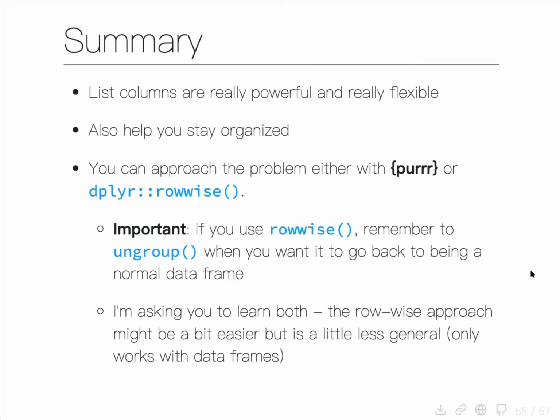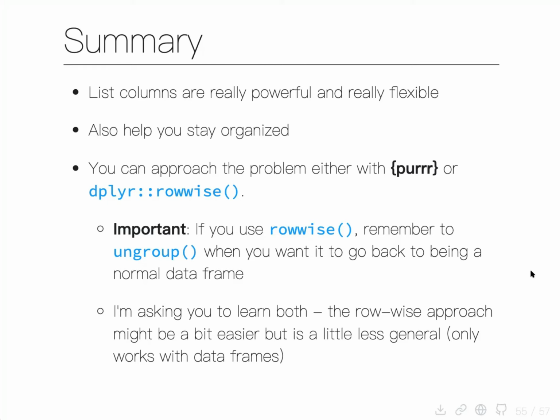So I am asking you to learn both. In some ways, I think the new row-wise approach is better because it helps you avoid having to learn about loops, but I'm asking you to learn about loops anyway, because they work on everything, including not data frames. And just from a general programming perspective, loops are incredibly important. Most of what the tidyverse is essentially wrappers around different functions to help you avoid having to do loops, okay?